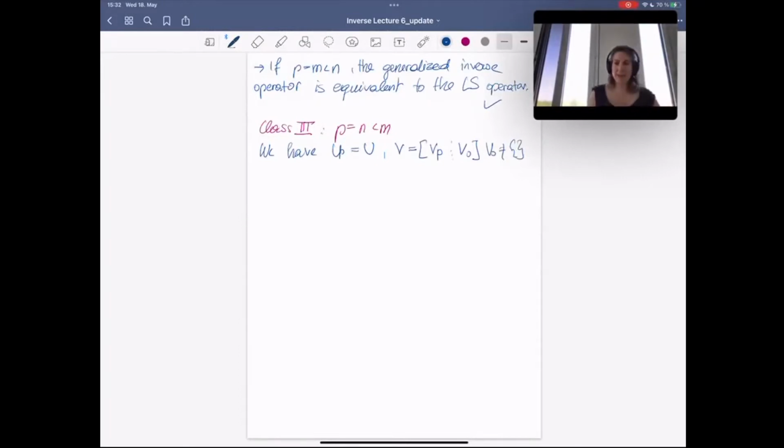So we have here now our underdetermined system of equations, and we need to recall the minimum length solution, which equals G transpose and the inverse of G G transpose.